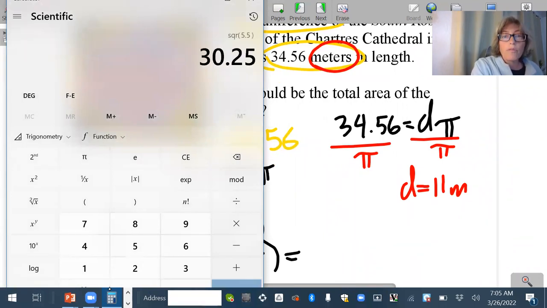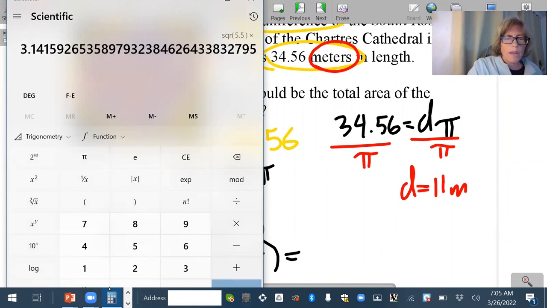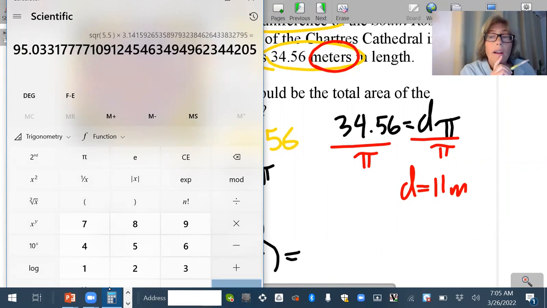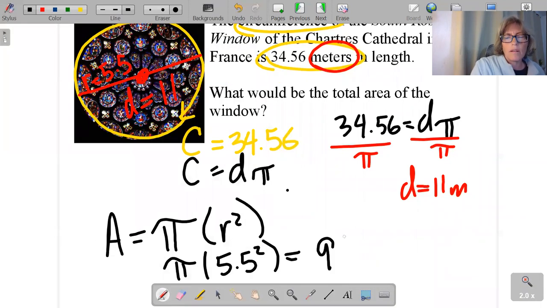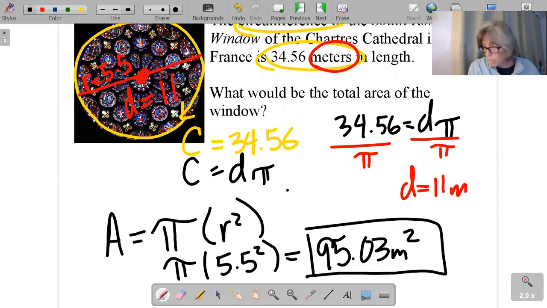So you do 5.5 squared first, then times the pi key. And the area of this window is massive, is 95.03 meters squared. You should be correcting with the red pen, and if you didn't know how to do something, you should be correcting it or where you got something wrong. Last one.